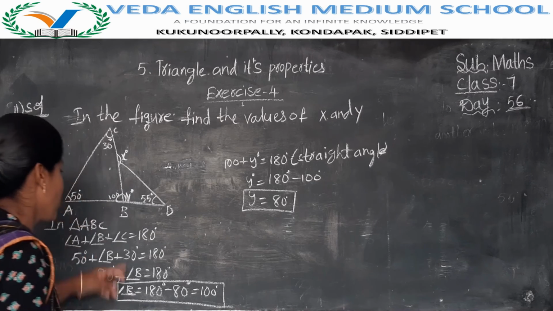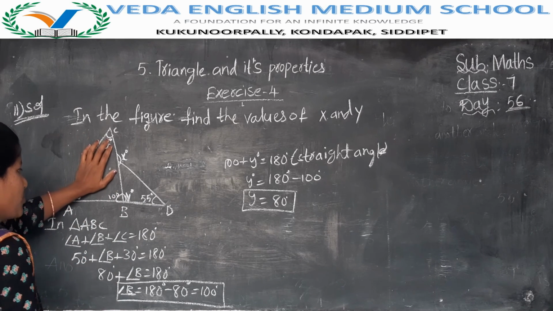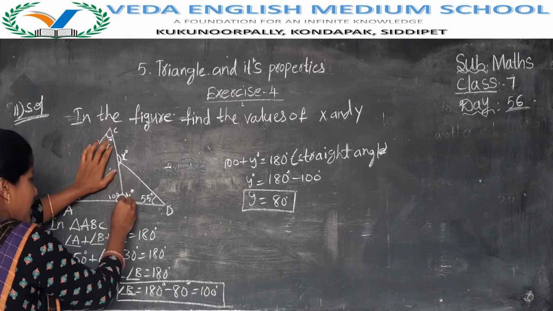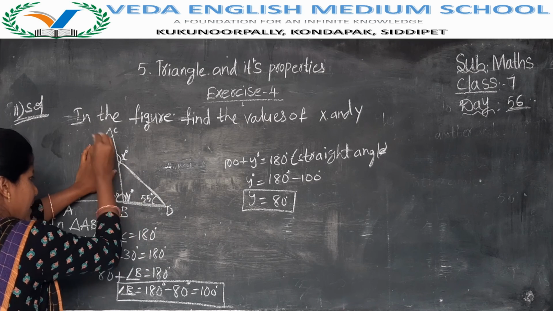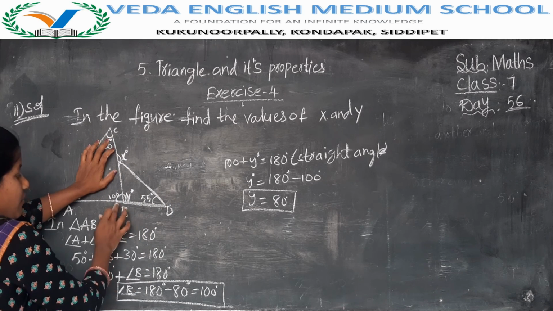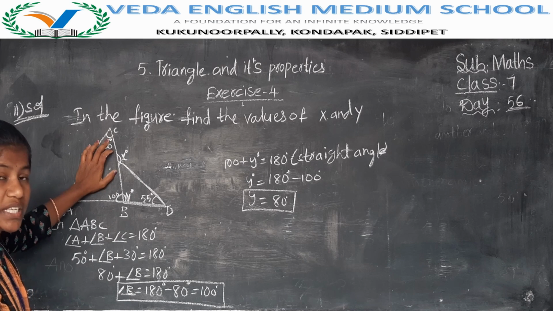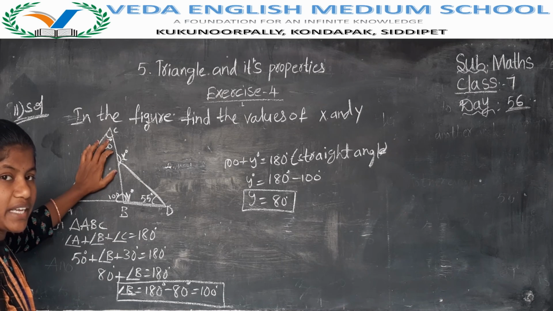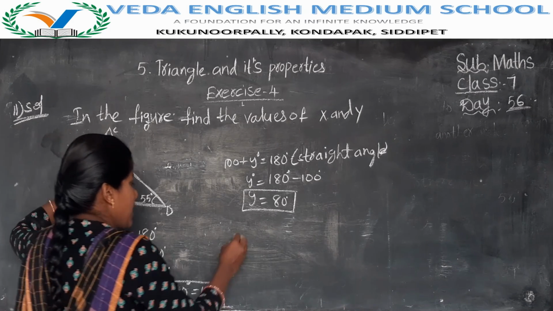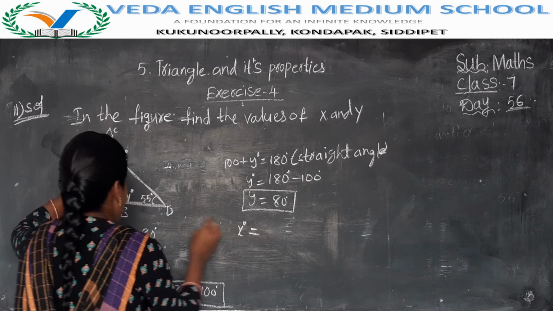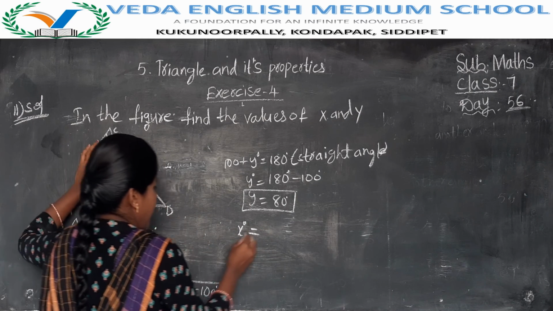Then we have to find the value of x. Now only observe this triangle. For this triangle with B and C, x is the exterior angle. By using the triangle's second property, the exterior angle of a triangle is equal to the sum of two opposite interior angles. So angle x is equal to y plus 55.